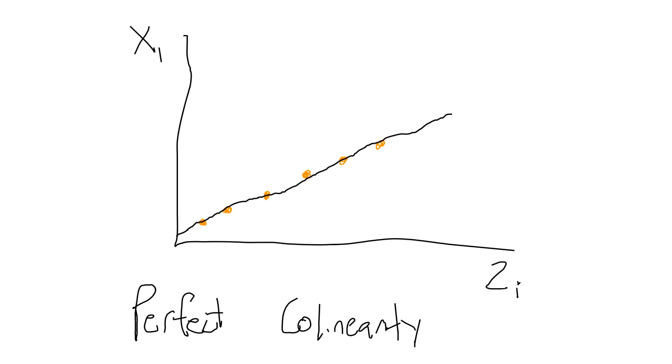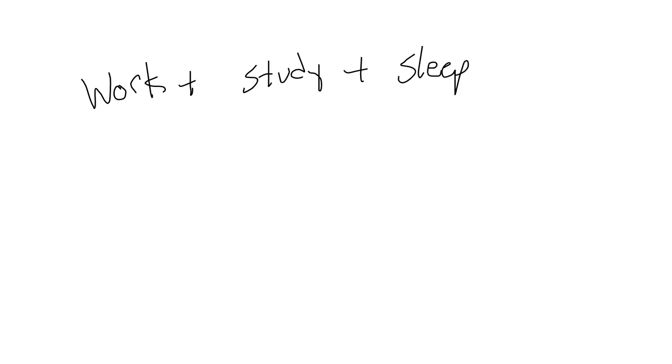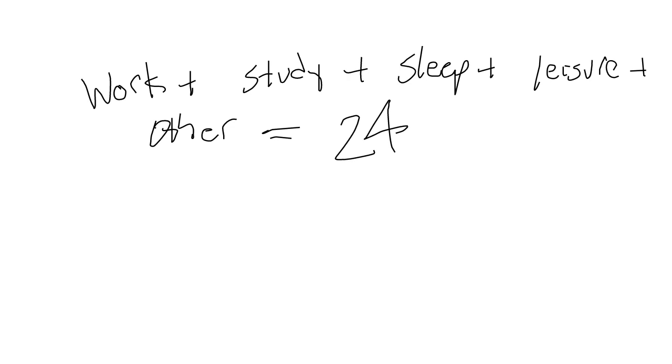If you remember in the question, we're asking someone to account for every single hour of their day. So we could write a function like this: work plus study plus sleep plus leisure plus other. That is always going to equal 24. And this is a linear relationship with no randomness, no error term.